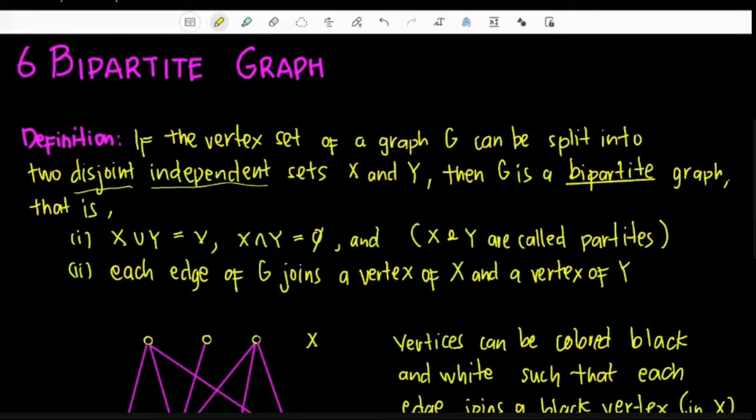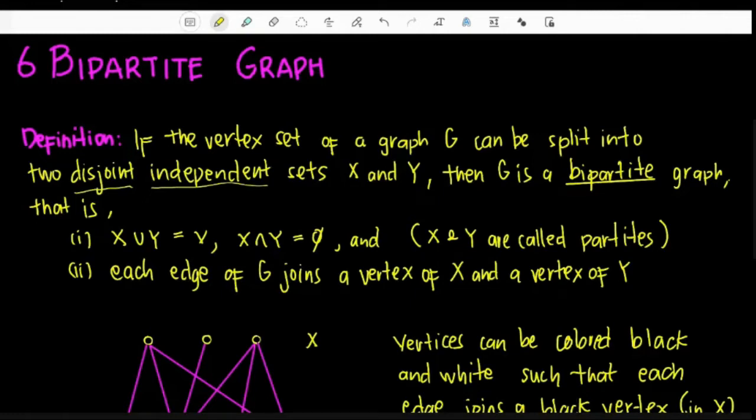Second, what do we mean by independent sets? Each edge of G joins a vertex of X and a vertex of Y. In other words, for every edge in G, one endpoint of that edge belongs to X and the other endpoint belongs to Y. And no edge connects two points from X, or similarly, no edge connects two points in Y. So no vertices in X are adjacent and no vertices in Y are adjacent as well.